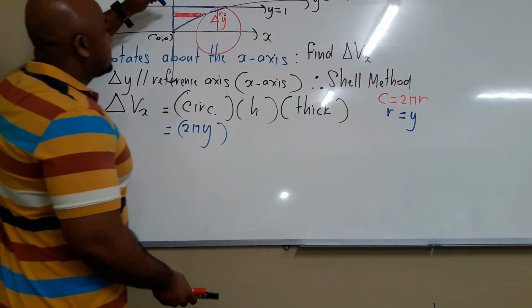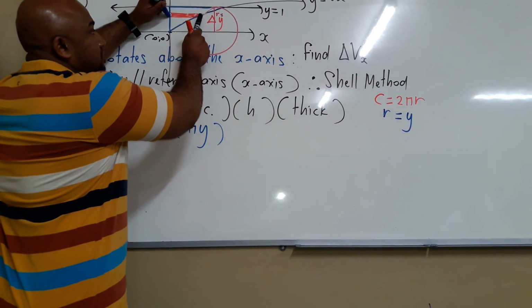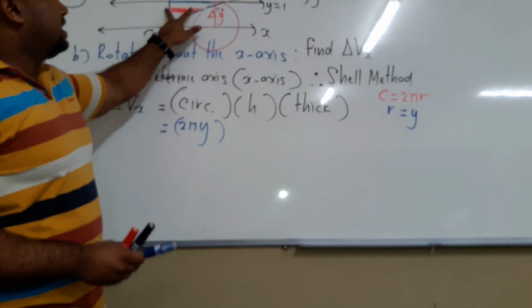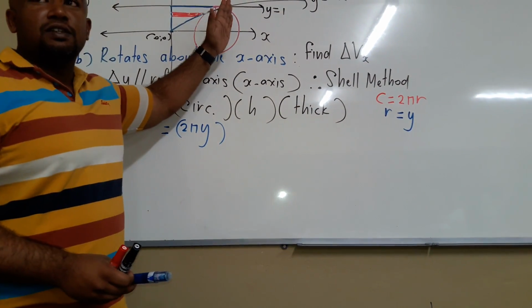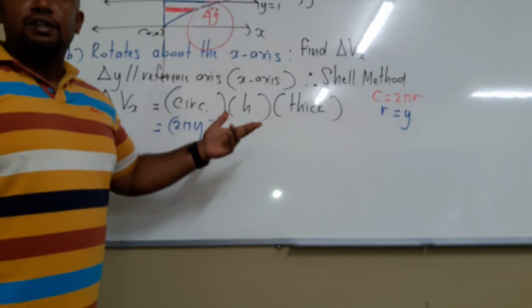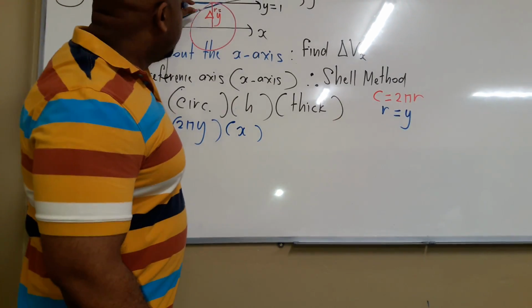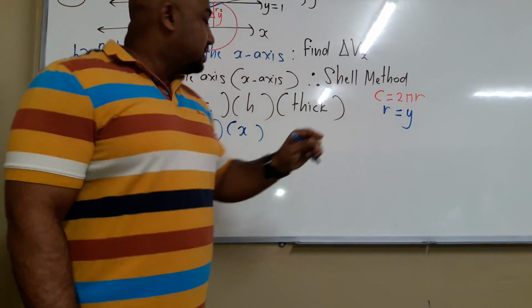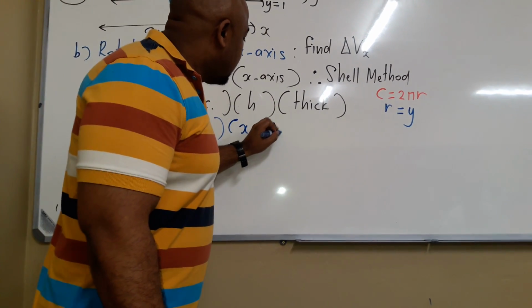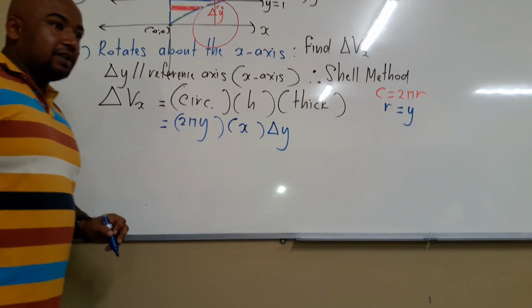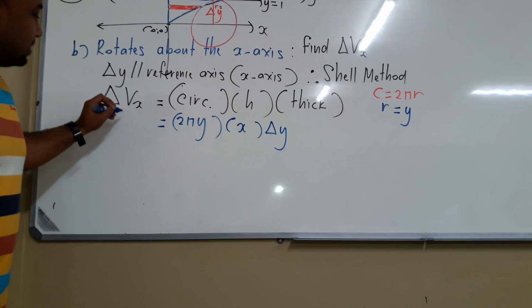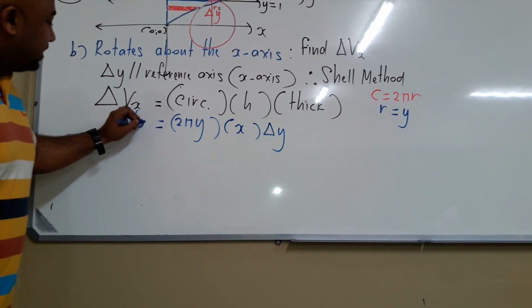The height is the distance from the y-axis to here. So the height is measured from the y-axis. What are we measuring in terms of? X. So the height will be in terms of x. And the thickness of that representative element is delta y. Right. So now this is still delta Vx.